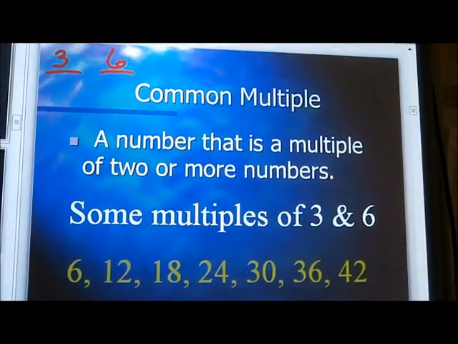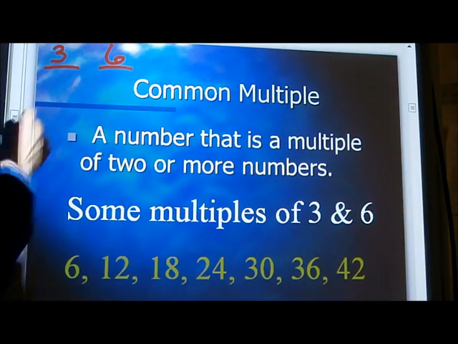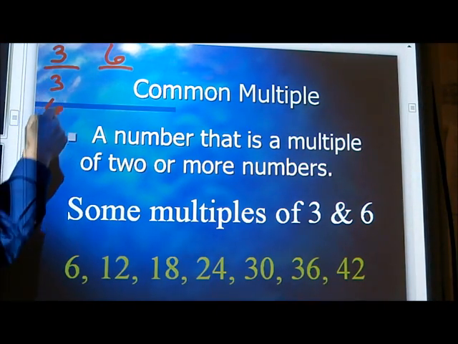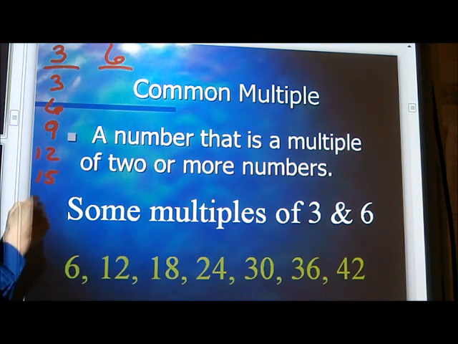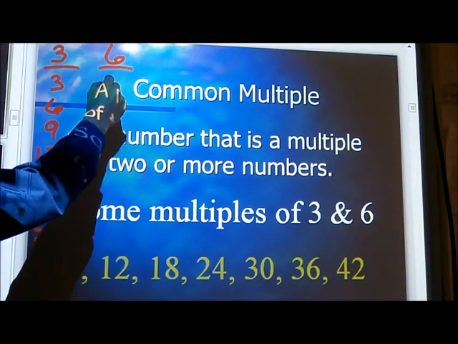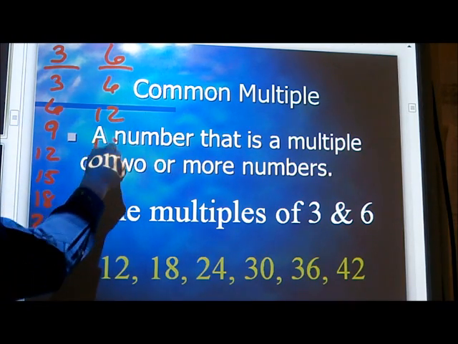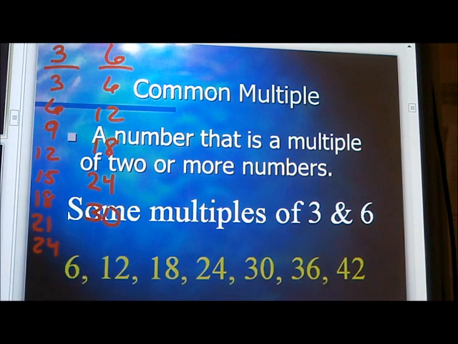I'm just going to adjust the camera a little bit so that you can see my writing. Okay, so 3 times 1 is 3, 3 times 2 is 6, 3 times 3 is 9, 12, 15, 18, 21, 24, and so on. Okay, 6, 12, 18, 24, 30, and I'm going to stop there.